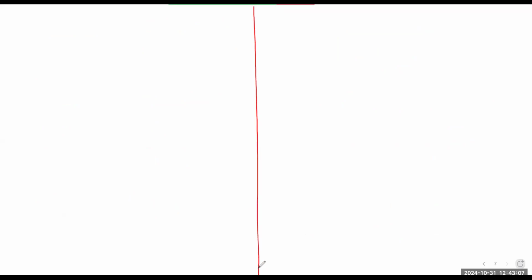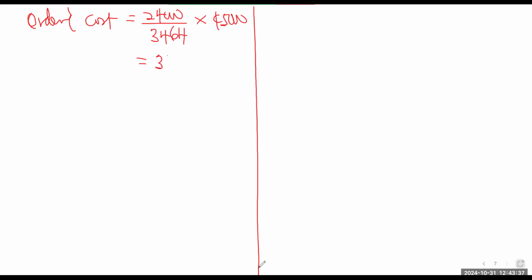For the ordering cost, we need to know how many orders we are going to be placing to get 24,000 units, multiplied by 5,000. What are we having? 34,642.